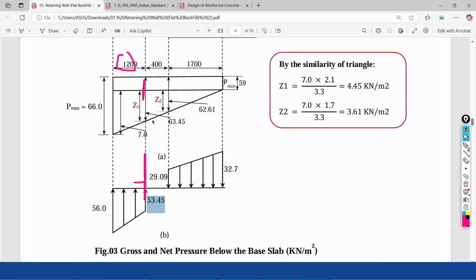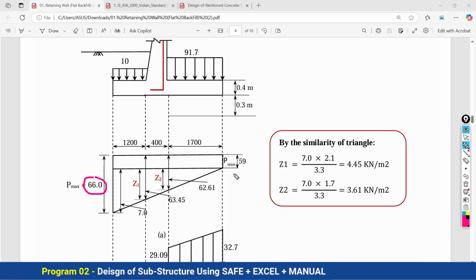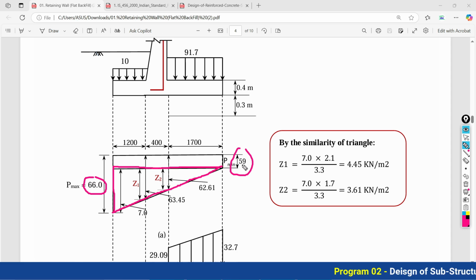But how does this value come? It's very simple: we consider this 66 and this 59. Now we have to focus on this triangle. 66 minus 59 becomes only 7, which is given here.